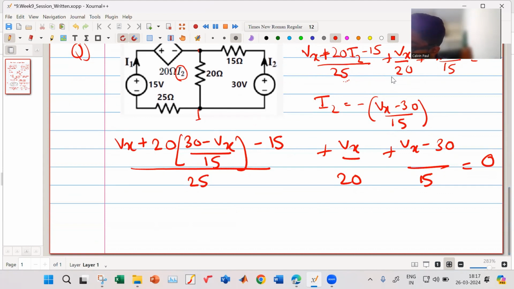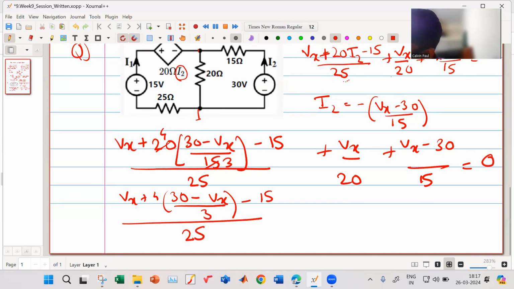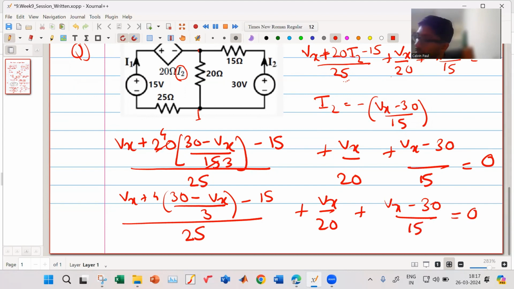So this actually becomes 4 by 3. So this is Vx plus 4 into 30 minus Vx upon 3, minus 15 upon 25, plus Vx upon 20, plus Vx minus 30 upon 15 is equal to 0.